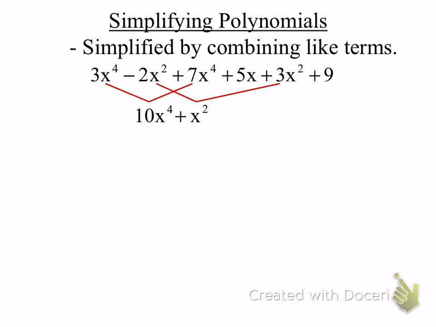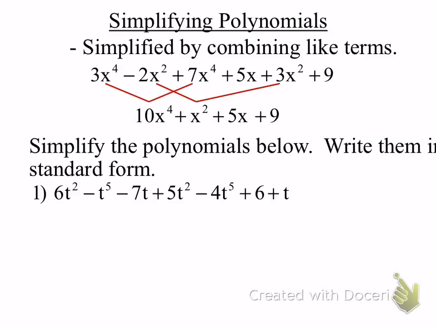What is to the 1st power? Which exponent shows the 1st power? Is it this one? Is it this one? 5x. Yep. If it's not written, it's to the 1st power. And then last but not least, we always place our constants. Okay? So we're always placing them in order of the exponents from biggest to smallest.